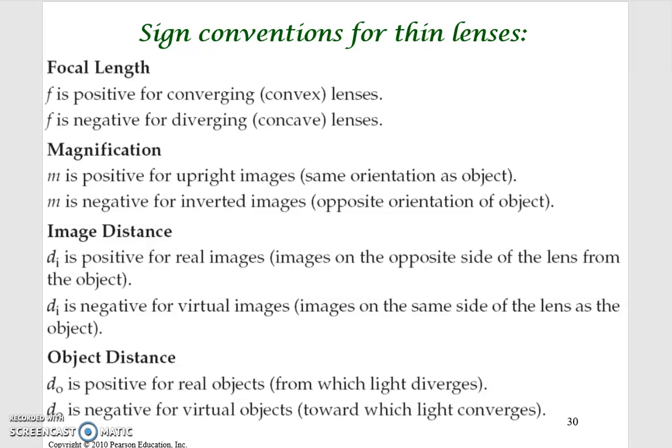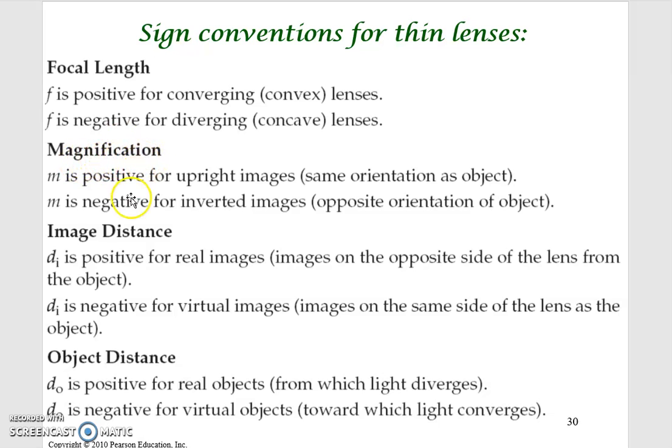But once again, the sign is very tricky for D0, H0, and DI, HI, and the focal length. If you have a convex lens, then the focal length is positive. If you have a concave lens, it is negative. So this is the same convention as before.